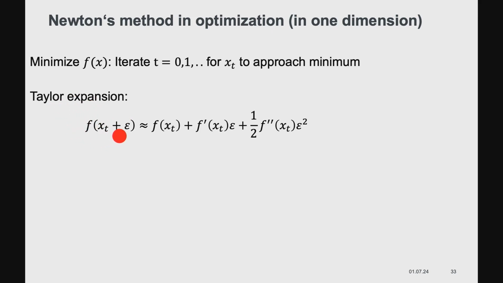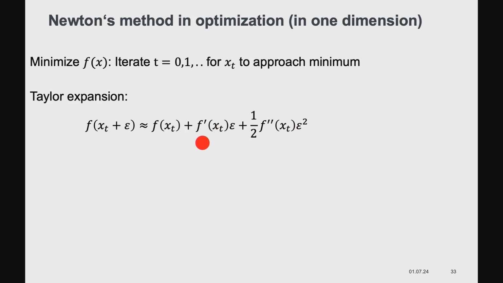We are at a point, and when we go slightly off that point, we can describe the value at this off point as the value we have at the point x_t plus, and here comes the Taylor expansion. And the Taylor expansion looks at this polynomial of epsilon, epsilon square, epsilon cube, epsilon to the power 4, and so on.